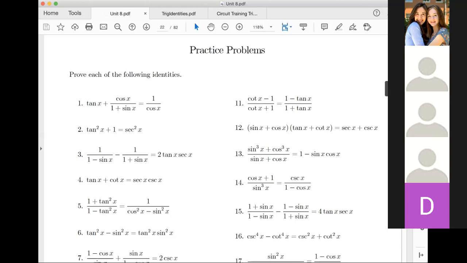I posted a page on Canvas that has more of them. It was optional. So let me find my Canvas modules and share that to show you where that is. You have not missed anything, so just know that.